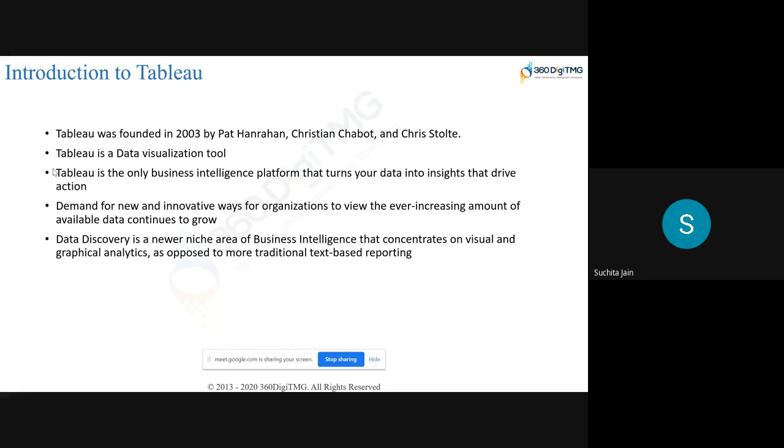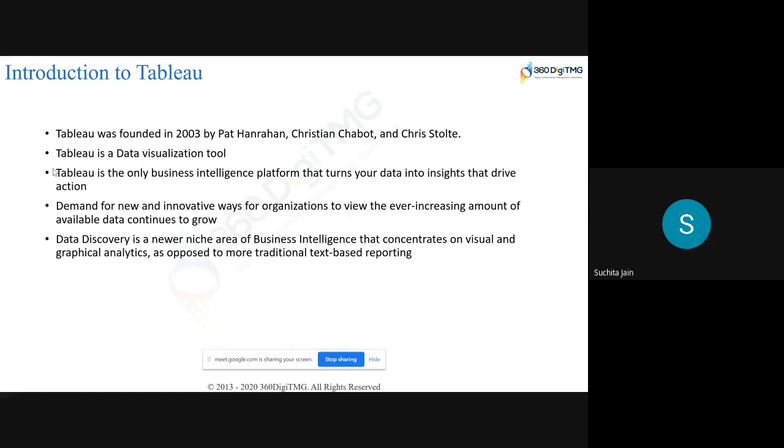So can you understand the emphasis on business intelligence, how it is helping you turn your data into insights that drive actions? Demand for new and innovative ways for organizations to view the ever-increasing amount of available data continues to grow. That is a very big factor in Tableau's rise, because companies are capturing data everywhere.